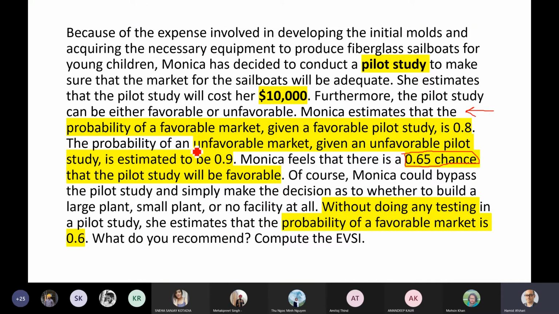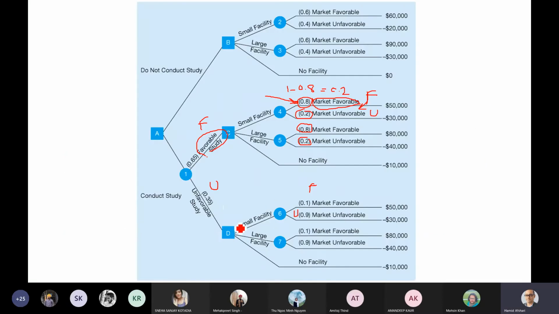So the second part, the probability of an unfavorable market given an unfavorable study, is 0.9. So unfavorable and unfavorable, how much is the probability? 0.9. I don't have the value of unfavorable, favorable, but you can easily calculate that.